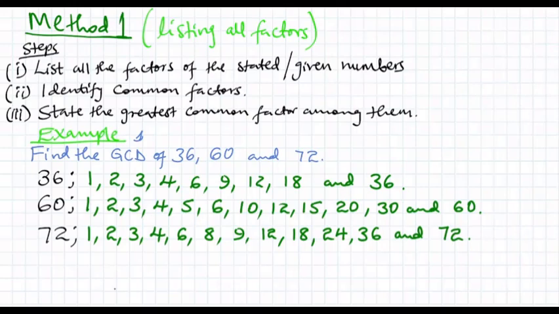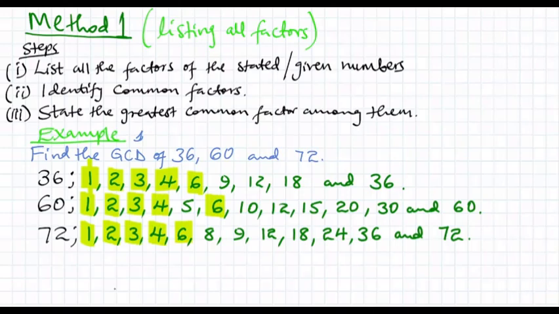Now, the next step is to identify common factors. So 1 is common, and also 2, they are common in all the 3 numbers. 3 is also common. 4 is also common. 6 is also common in all the 3 numbers.